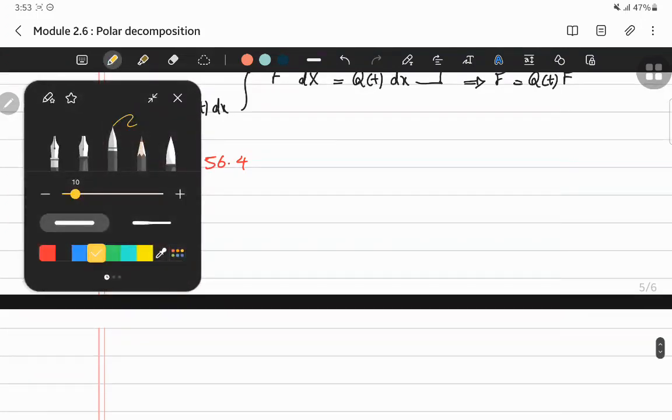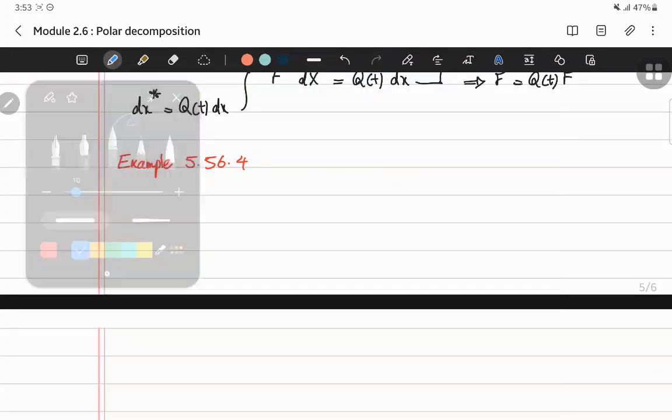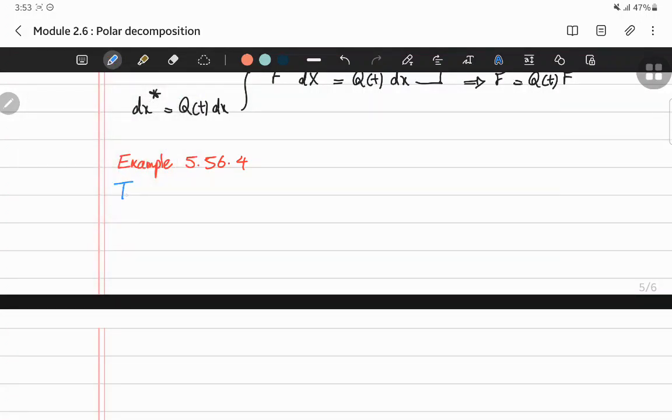Okay, so the first part says find the transformation law for the right Cauchy-Green tensor.